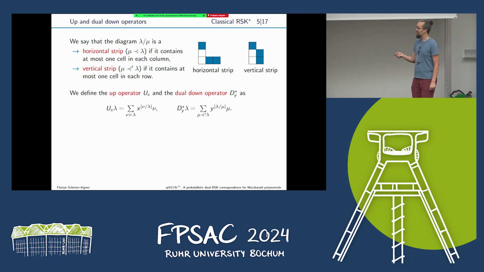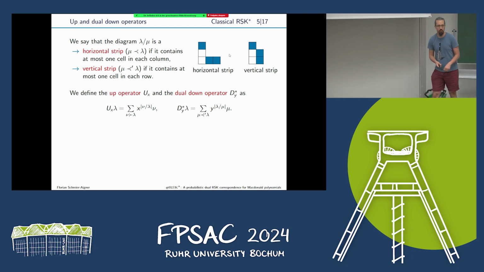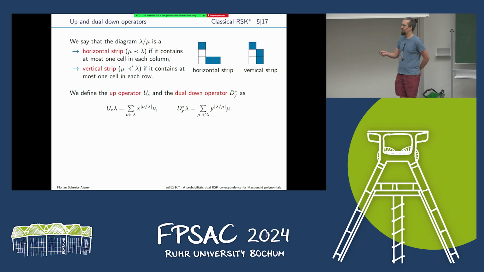And very similarly, the dual down operator with index now y applied to some partition lambda is defined as the formal sum over all the partitions mu we now obtain by removing a vertical strip. And again, we have some variable y to the number of boxes we removed. And as homework until next FPSAC, you can think about on which space these operators should live. Or if you don't want to wait until next year, you can just look at our paper.